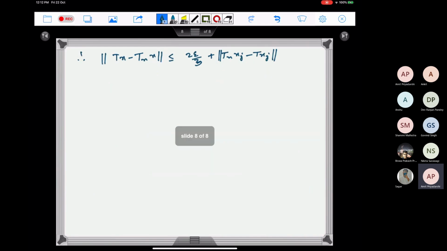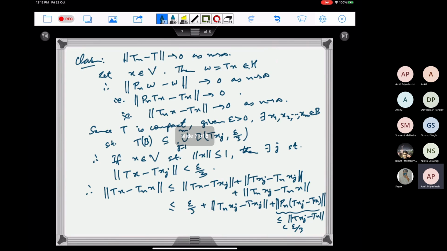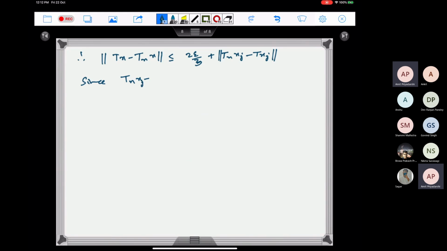So Tn of xj minus T of xj goes to 0 as n goes to infinity for every j.